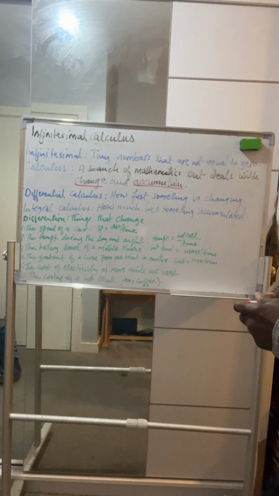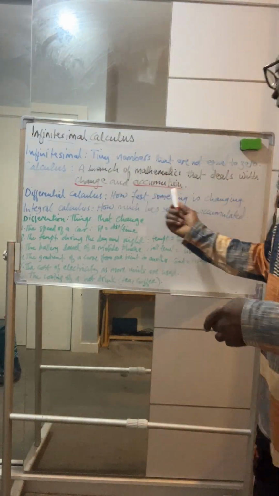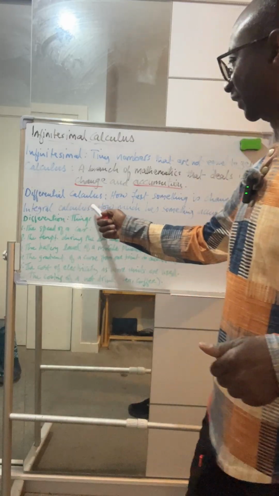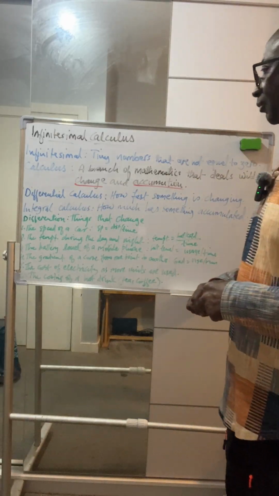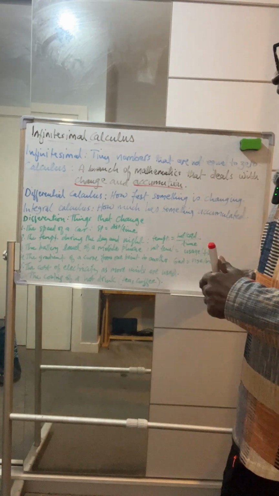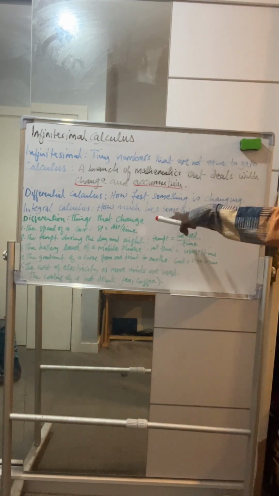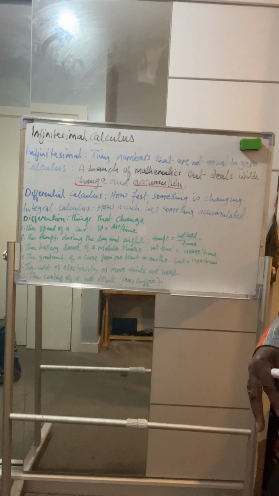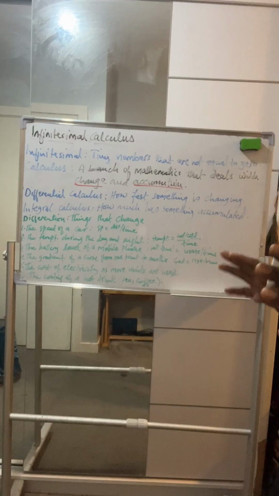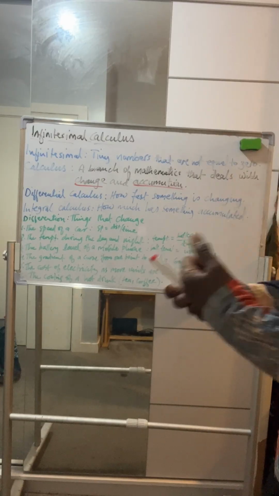The main thing is we look at these two things, change and accumulation. This change comes with differential calculus. Differential calculus demonstrates to us how fast something is changing. Whatever changes, how fast or how slow is that thing changing? In that instance we talk about differential calculus.